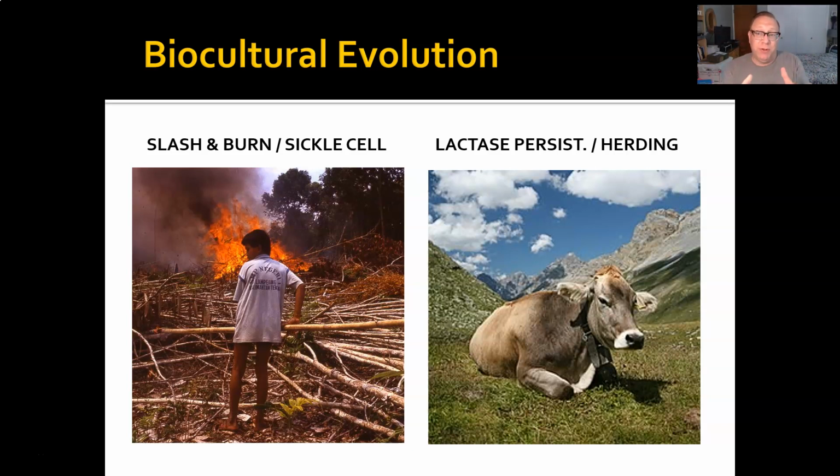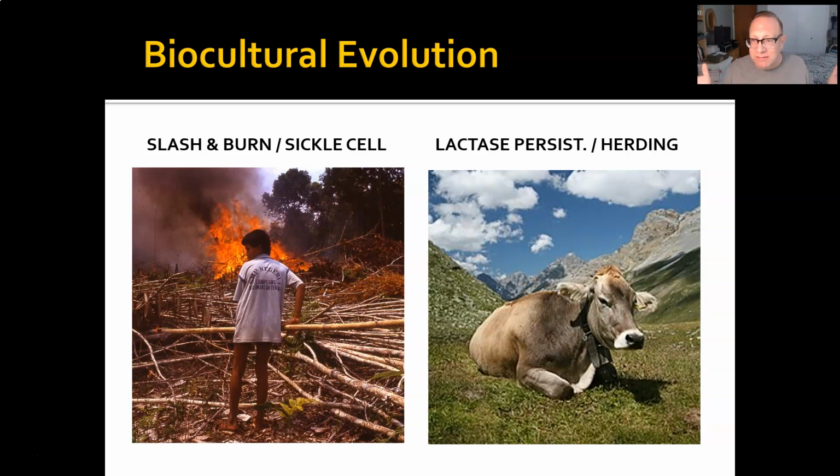Another one that we've talked about previously is lactase persistence and herding. Lactase persistence genes are basically just breaks in the genes that turn off the production of lactase in mammals once they've gotten beyond suckling. In humans, this appears to happen on a semi-regular basis. These mutations will pop up. Well, under normal circumstances, if you aren't ingesting milk, there's no reason to have lactase.